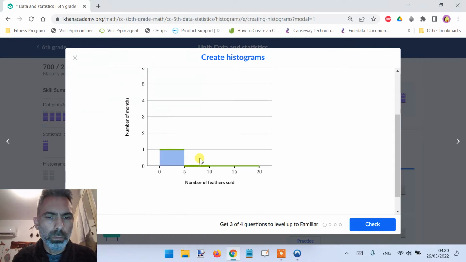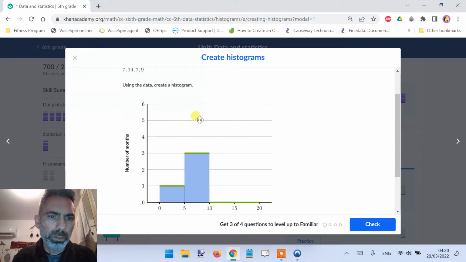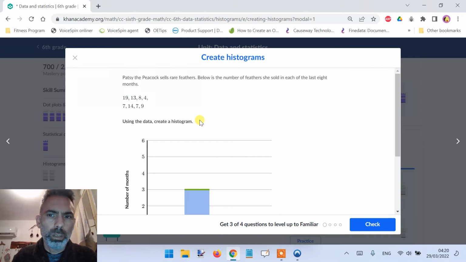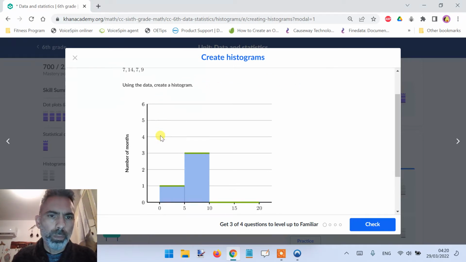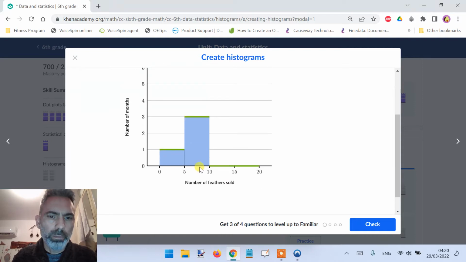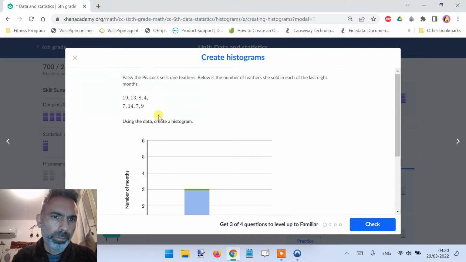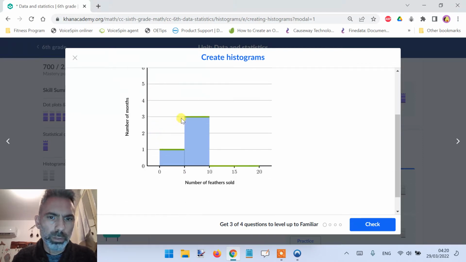So 3 months she sold between 5 and 10 feathers. 5, 7, 7, 8, 7, 7, and 9 as well.